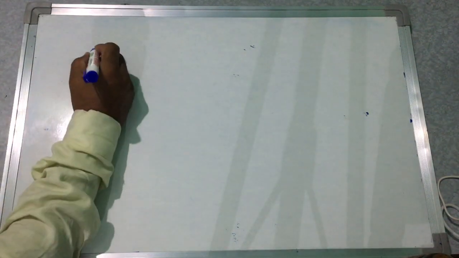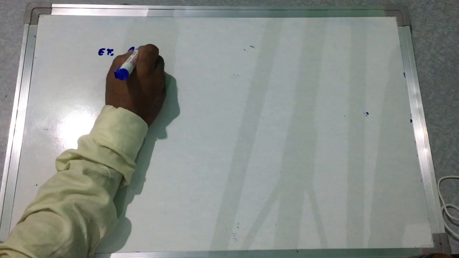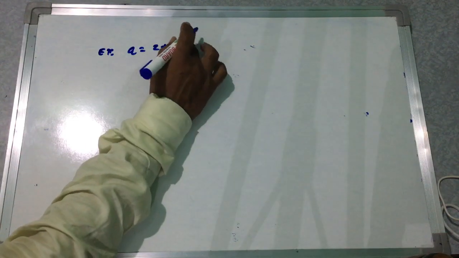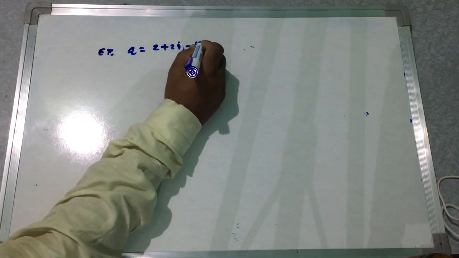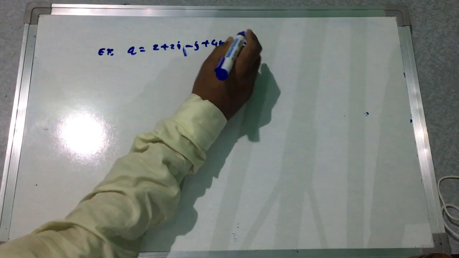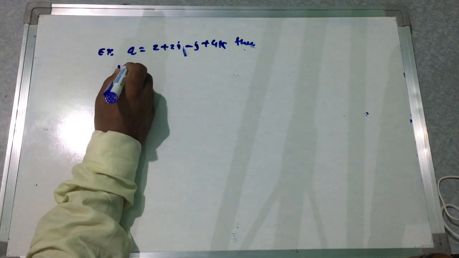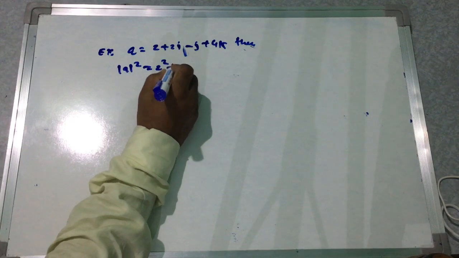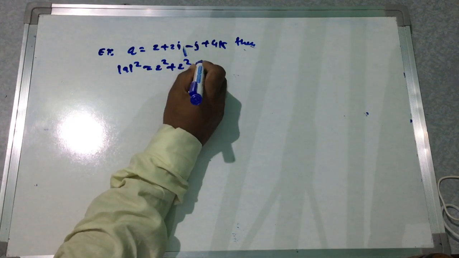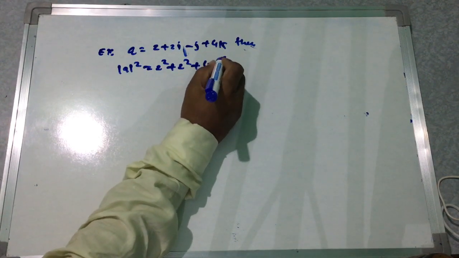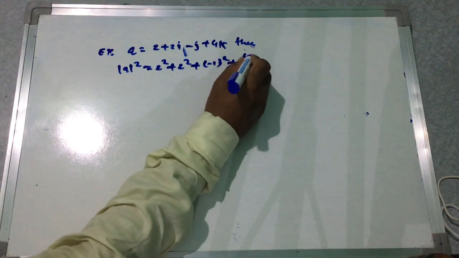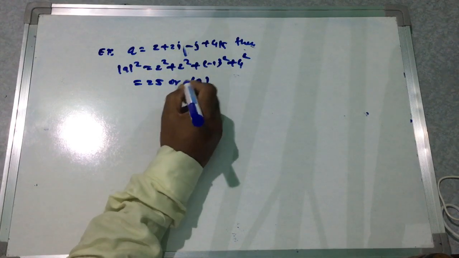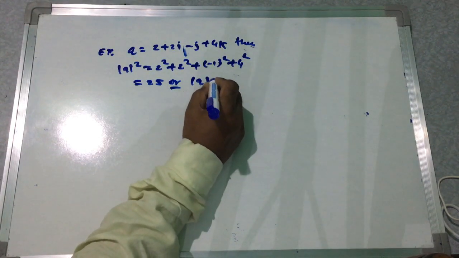So for this example, if q is equal to 2 plus 2i minus j plus 4k, then mod of q square is equal to 2 square plus 2 square plus minus 1 whole square plus 4 square, that is equal to 25, or mod q is equal to 5.